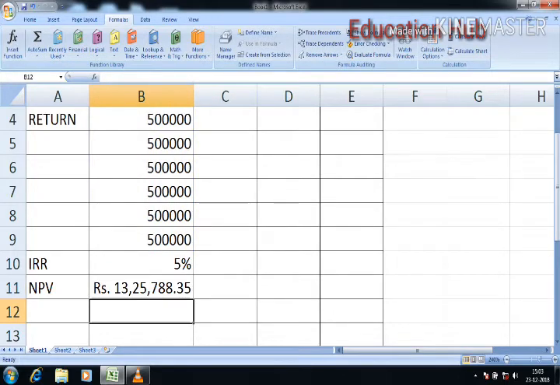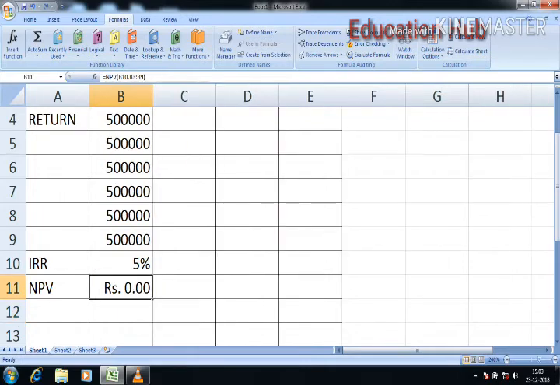See, the NPV value will give you another result. If this is given, that means the IRR calculation was wrong. Got it? So after calculating IRR, by calculating NPV you can cross check whether your IRR calculation is okay or not. Always NPV should come 0.